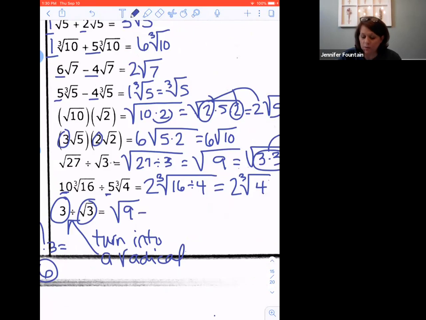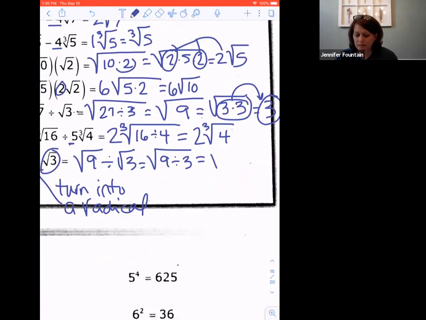So now I have the square root of 9 divided by the square root of 3. I can put those under the same radical sign and have 9 divided by 3, and 9 divided by 3 is 3.